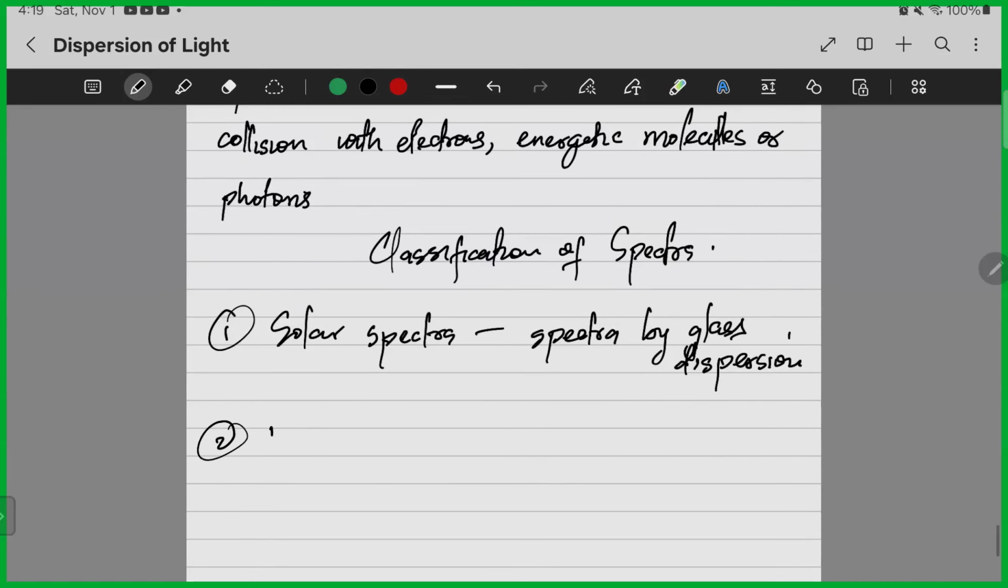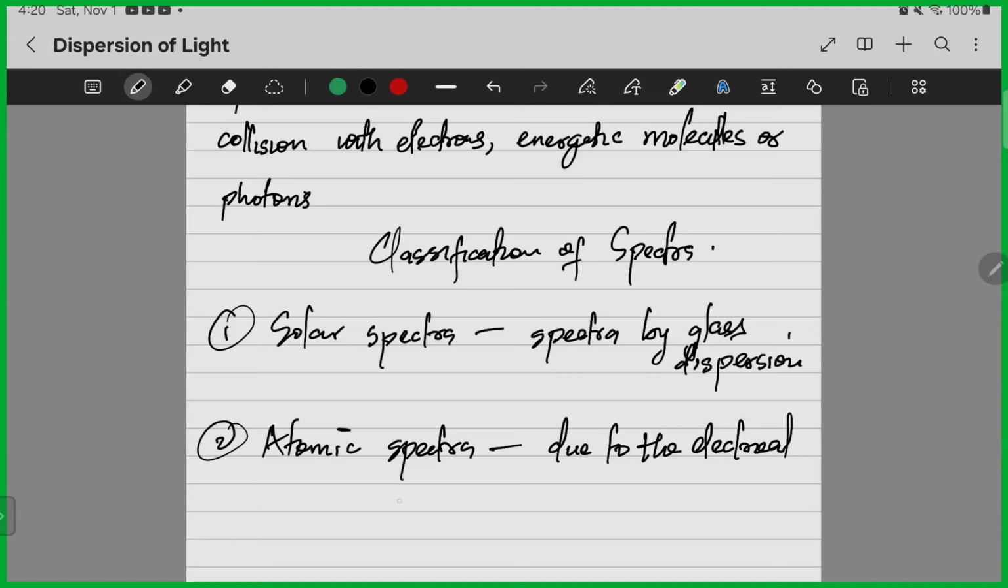There is atomic spectra, the electrical discharge in gases, low pressure.